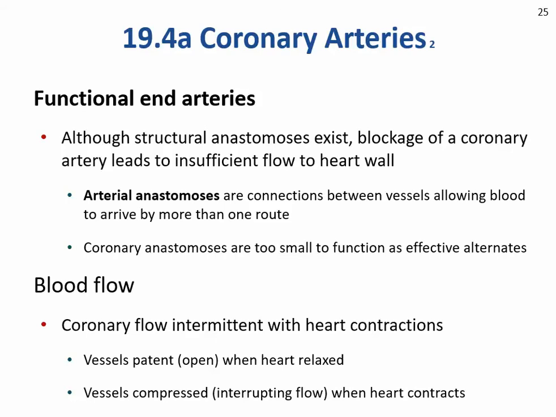These backdoors, these anastomoses, are not all that efficient. If there's not sufficient flow to the heart wall, the myocardium, then what happens is you get ischemia in that heart wall.